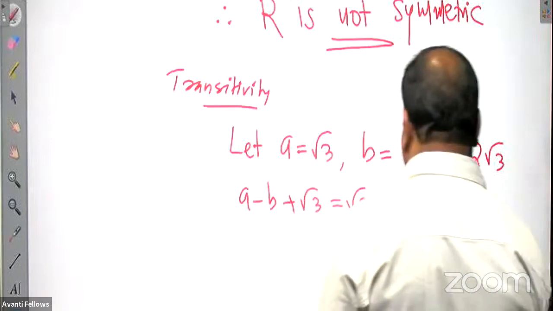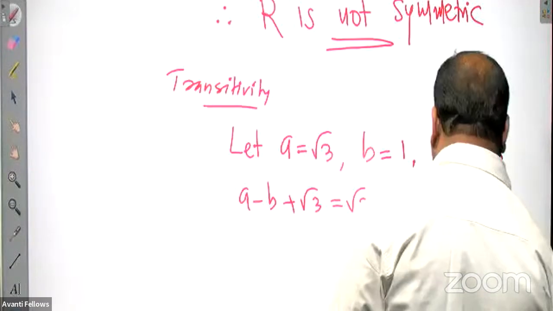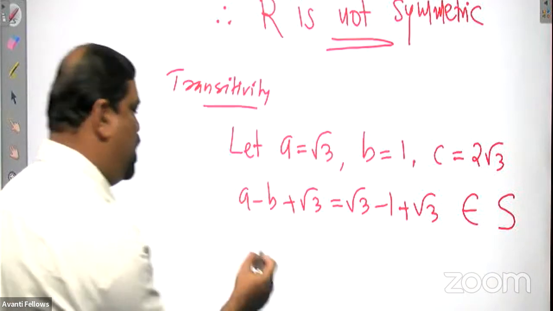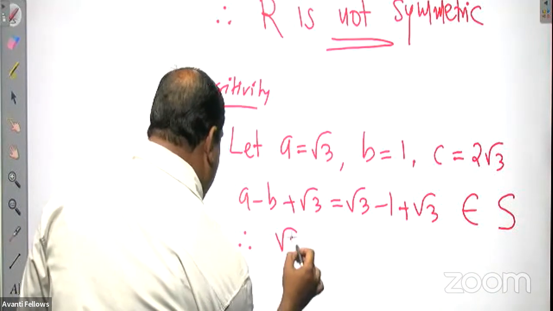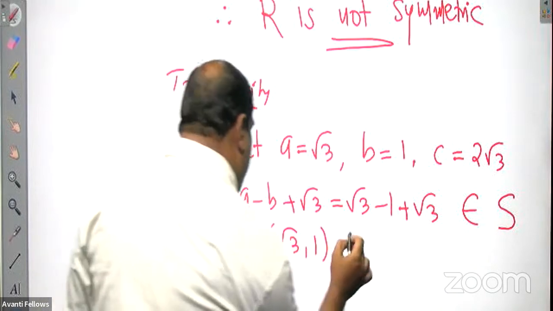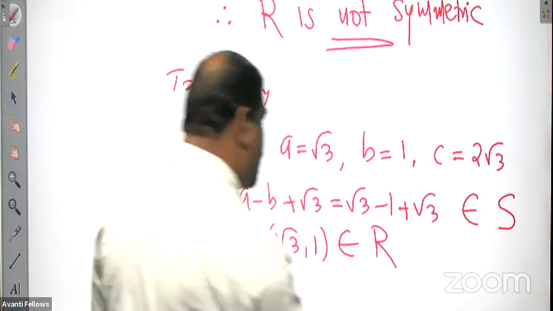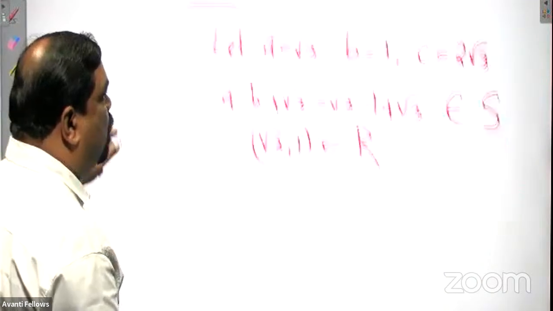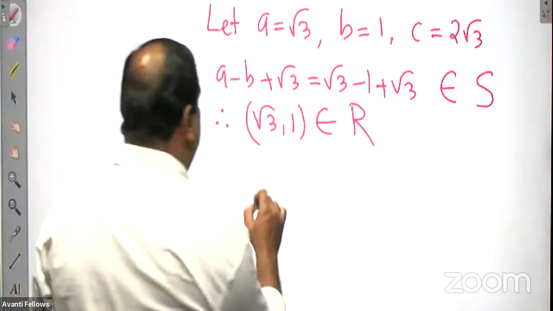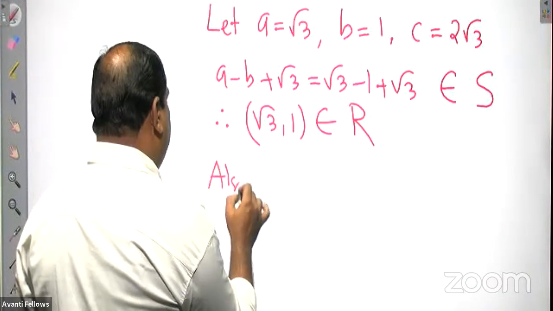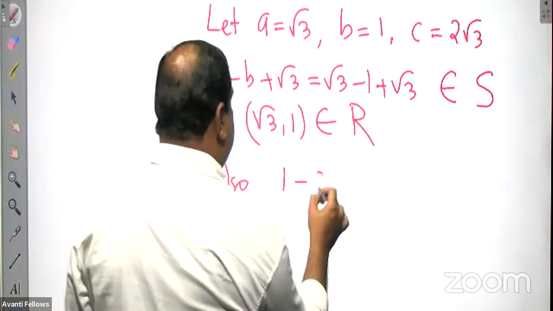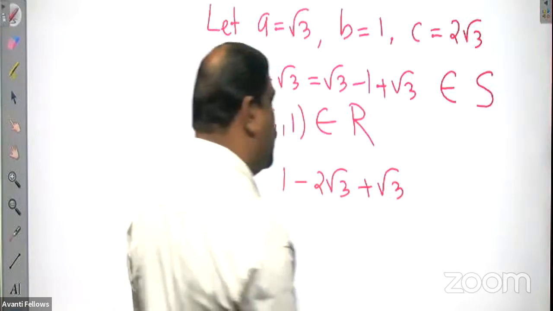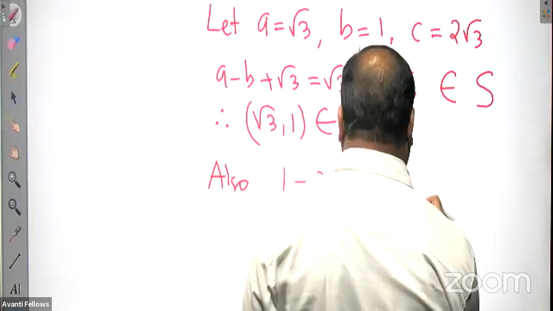Very clearly, it is an irrational number, so it belongs to S. So root 3 comma 1 belongs to the relation. Now, what about BC? 1 minus 2 root 3 plus root 3 is 1 minus root 3.